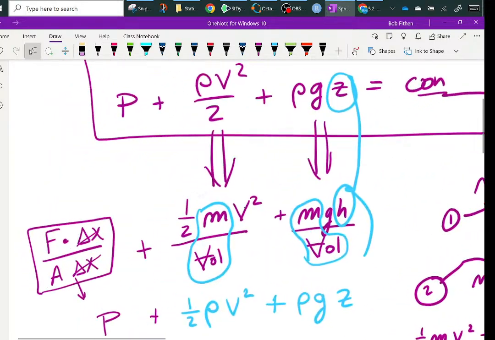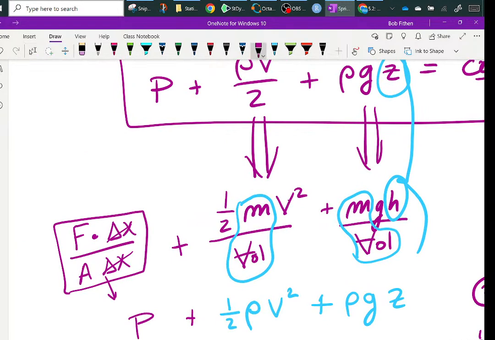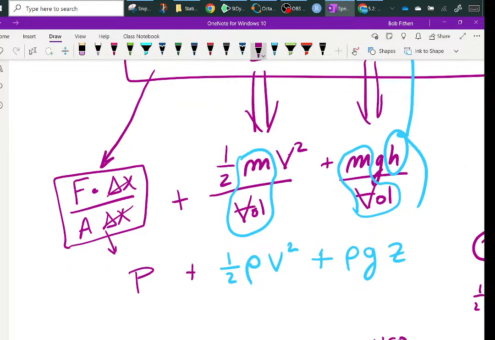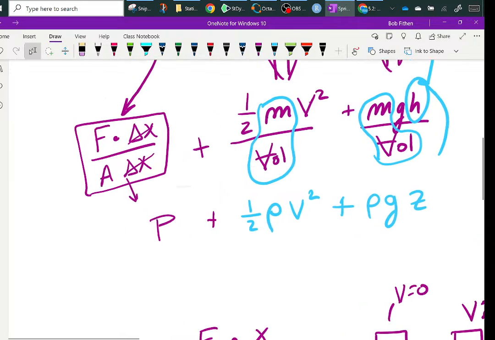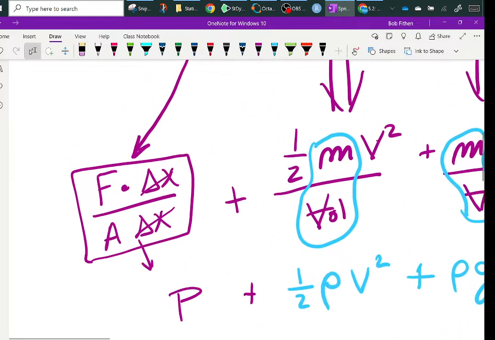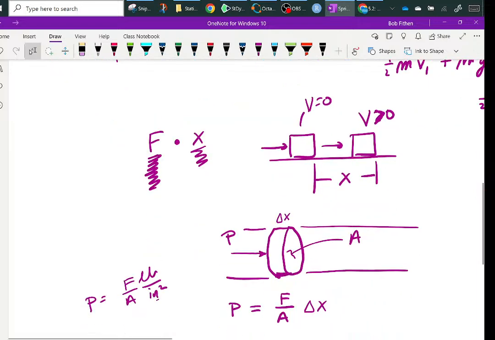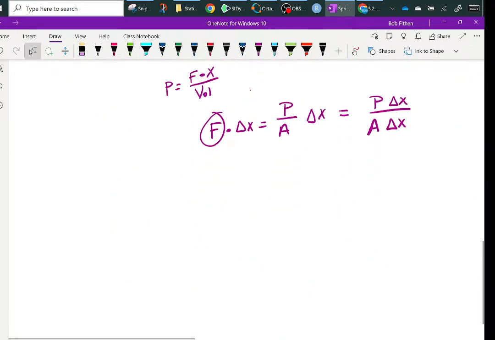So, in other words, this and this are related because I divided by the volume. So in other words, am I making sense, or am I just talking myself into circles here? So it's F times X over the volume. So anyway, I'm talking myself into circles here. But now let's use this thing.